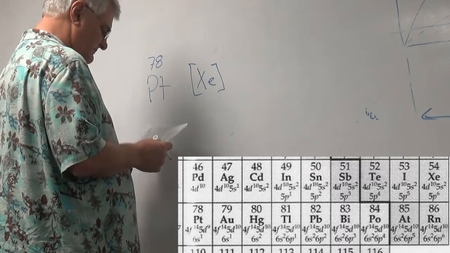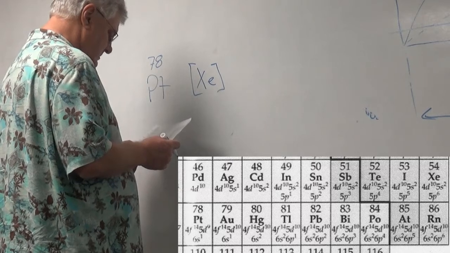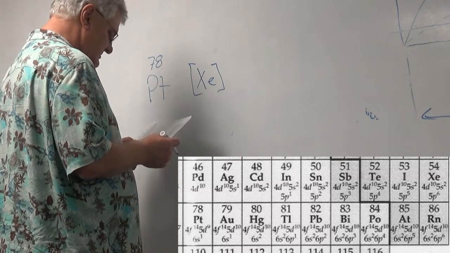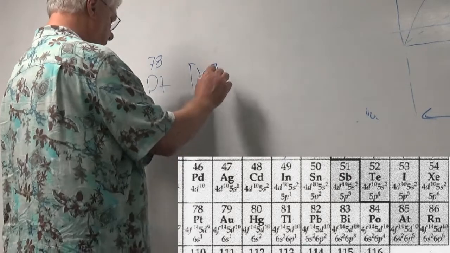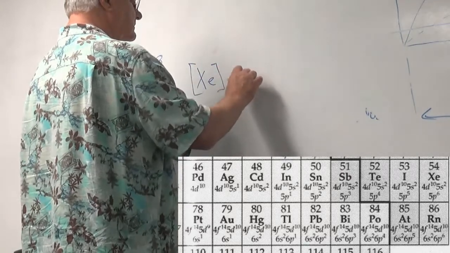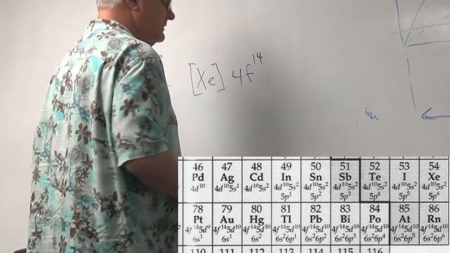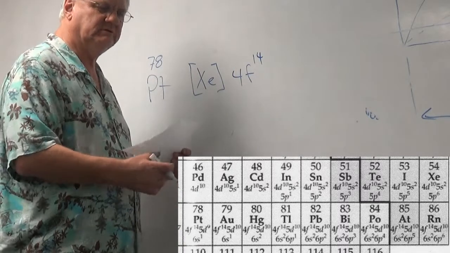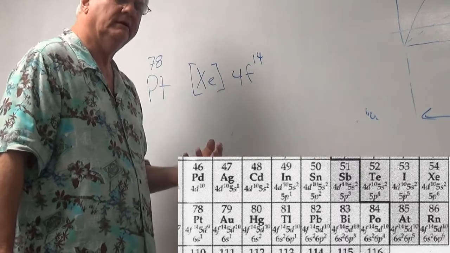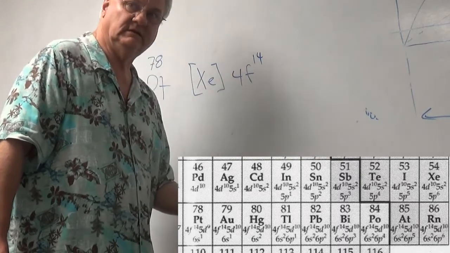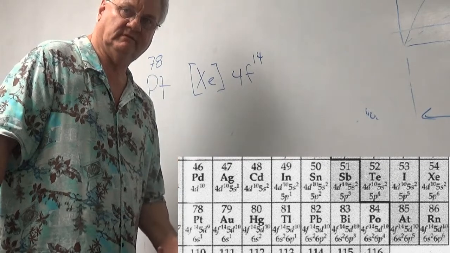That's filled. And then, this is platinum, atomic number 78, 4F14. Okay, 4F14. When you get to the F orbitals, there's 1 S, 3 P, 5 D, 7 F.